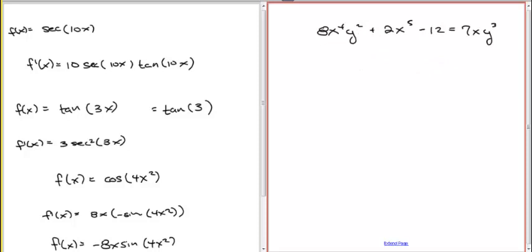The key things people mess up are these products. There's a product, and there's a product. So circle the product so you don't mess them up. What people do, this is where they mess up, is they take the derivative of both parts. So they'll take the derivative of that and say it's 4x cubed times 2y prime. But when you have a product of two terms, you're going to end up with not just one term at the end, you're going to end up with two terms.